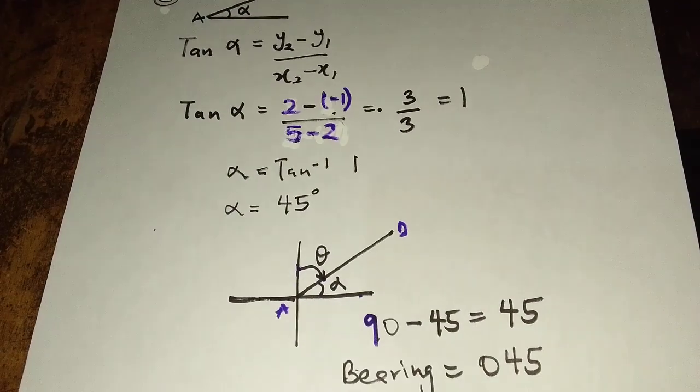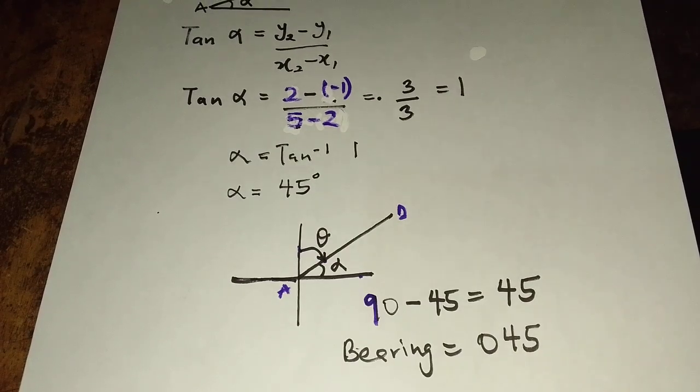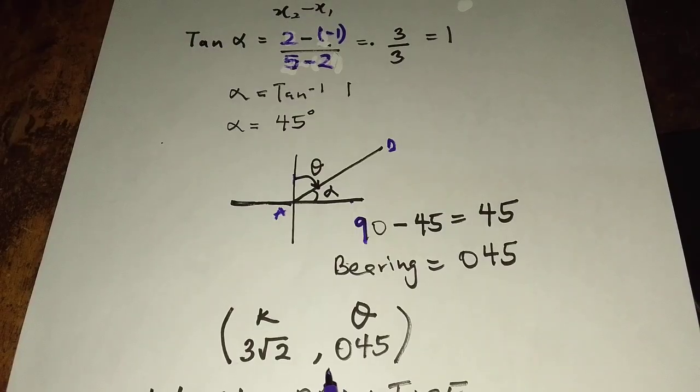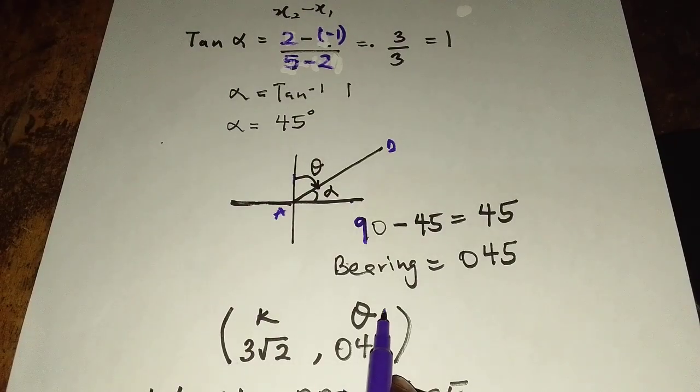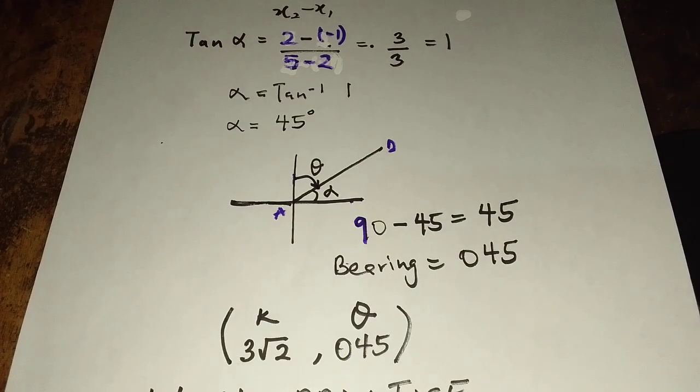To write this in form of a bearing, you write it in 3 figures. That means 045 degrees. So if you are now writing the value of k and theta, our k, which is a magnitude, is 3√2, and our theta, which is the bearing, is what? 045 degrees.